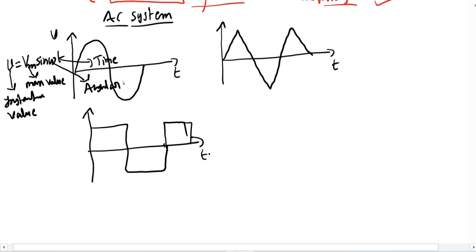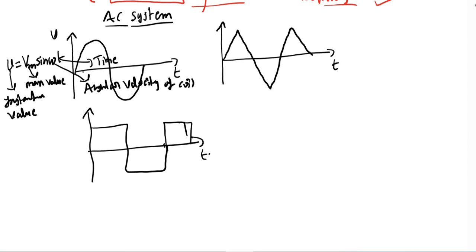The definitions of instantaneous value and maximum peak value will be covered in the coming topics.